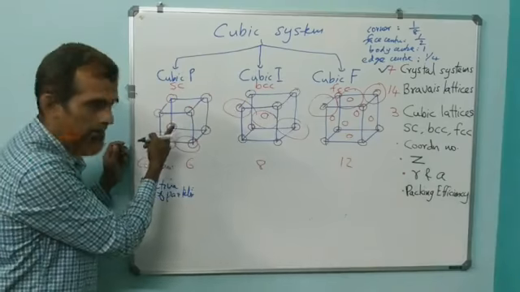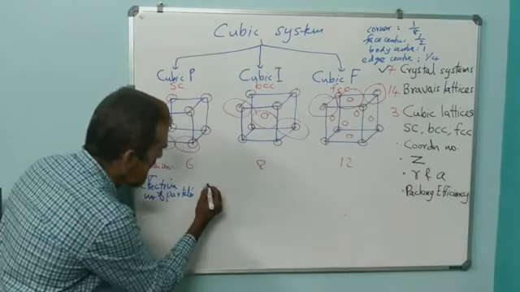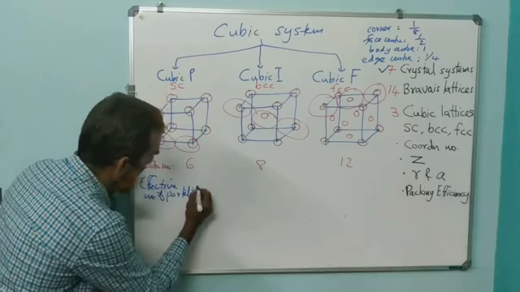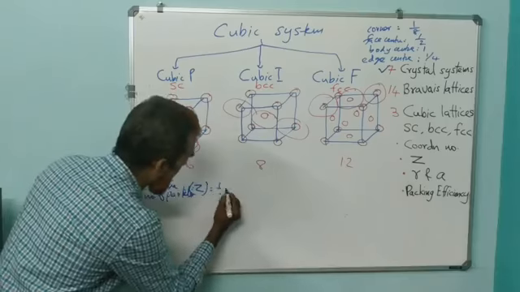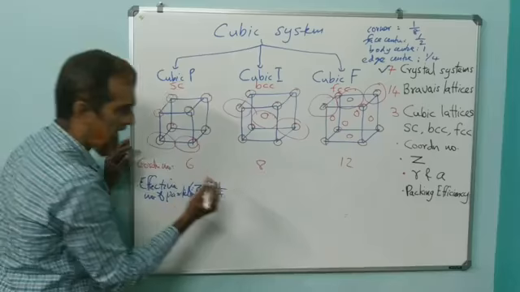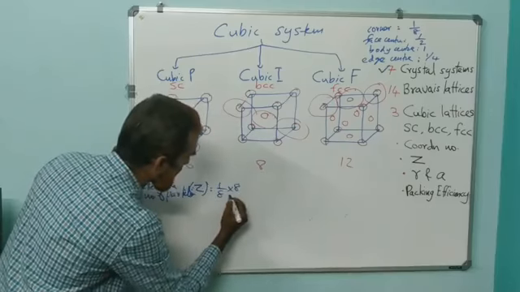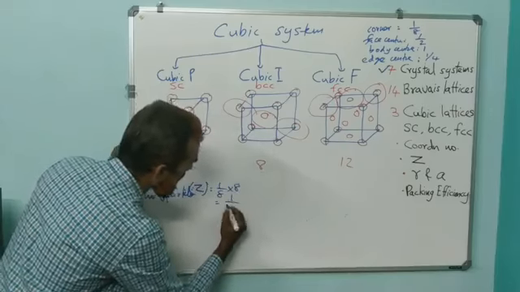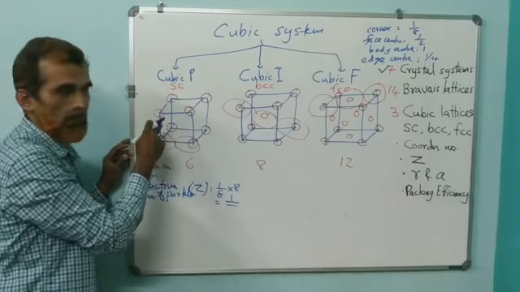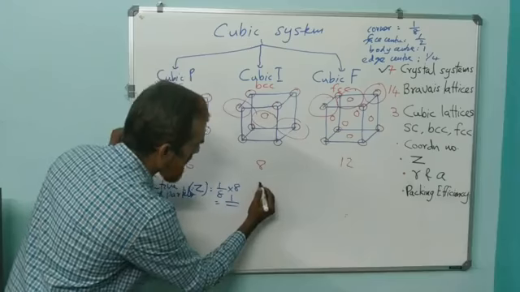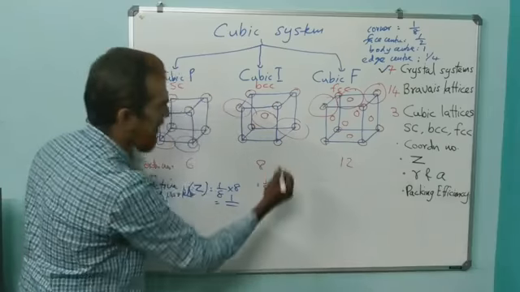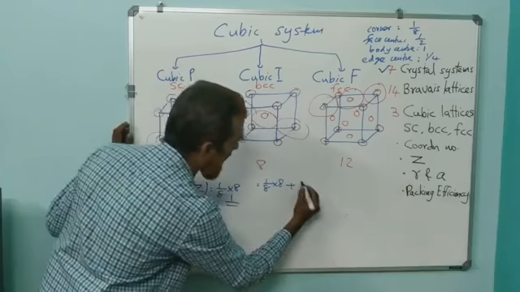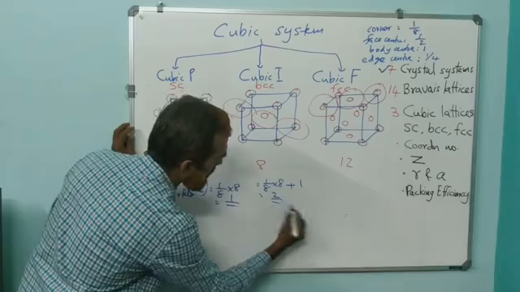In primitive cubic, the Z value from one corner is 1 by 8 and there are 8 corners, so 1 by 8 into 8 equals 1. That is the effective number of particles. In BCC, it will be 1 by 8 into 8 from the corners, plus one body center particle, so it is 2.